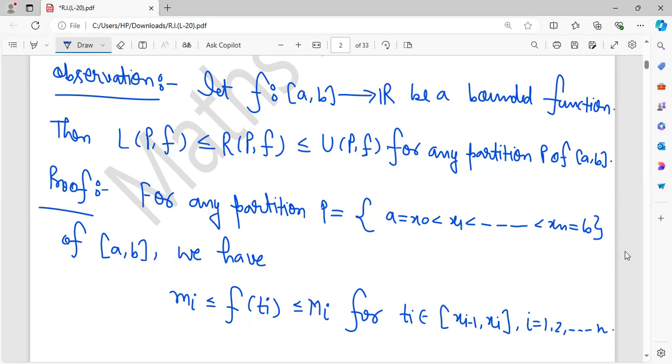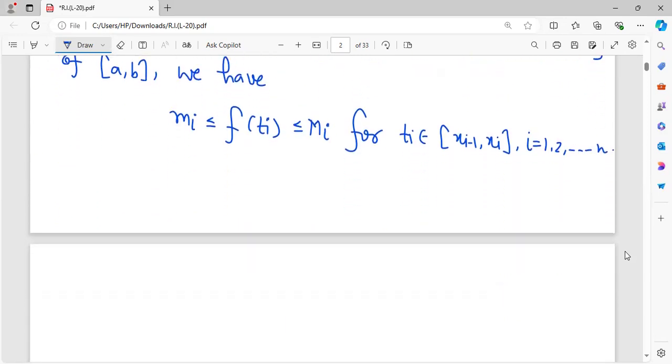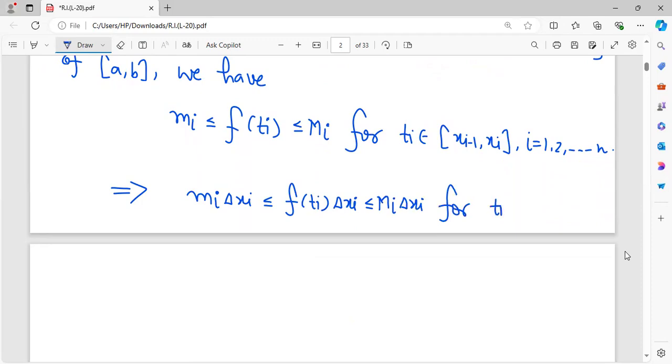So we can multiply both sides by delta xi. This implies mi delta xi is less than or equal to f(ti) delta xi, which is less than or equal to capital Mi delta xi, for ti in [x(i-1), xi], and i goes from 1 to n.